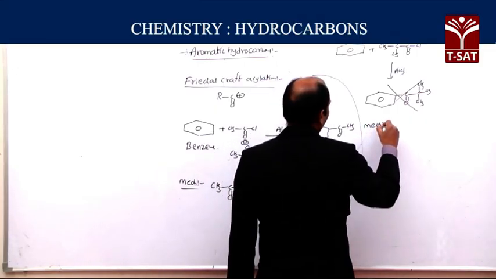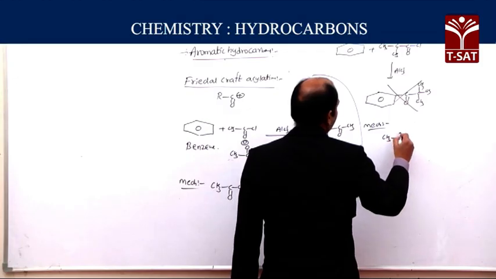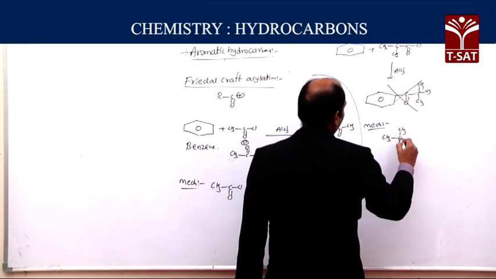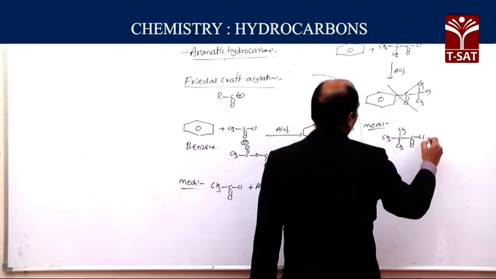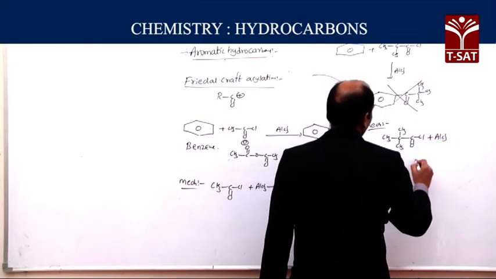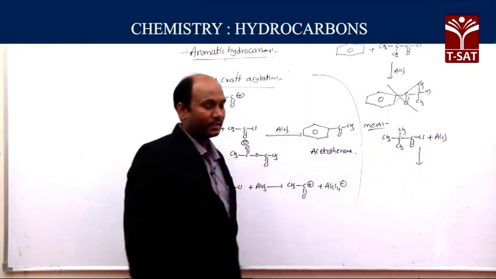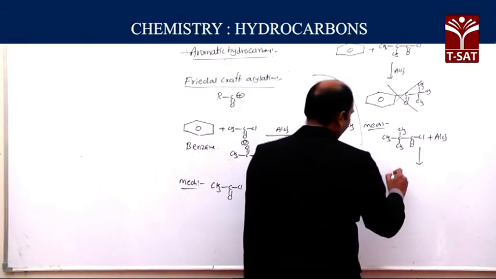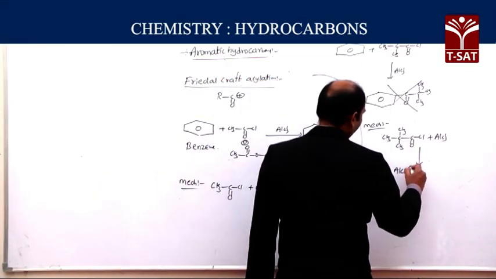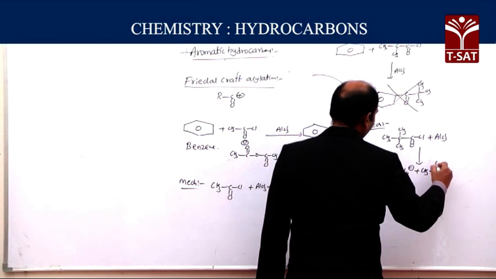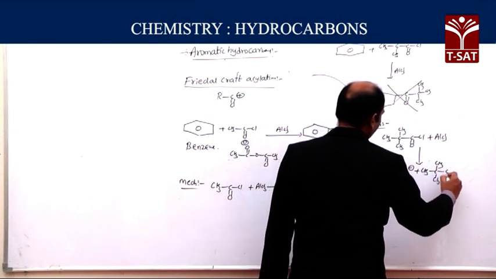In this mechanism, first of all CH3 C double bond O Cl plus AlCl3 gives AlCl4 minus and CH3 C double bond O plus.